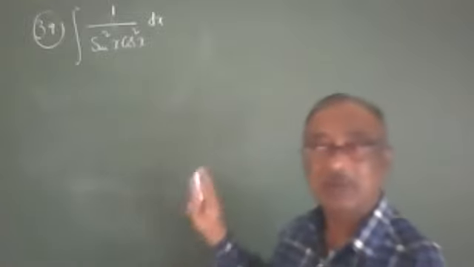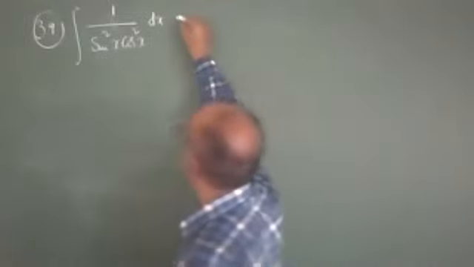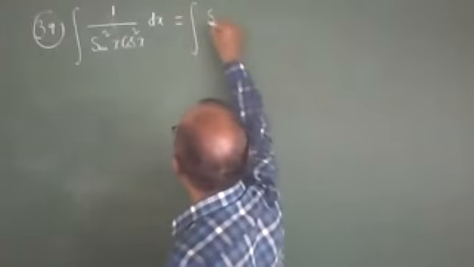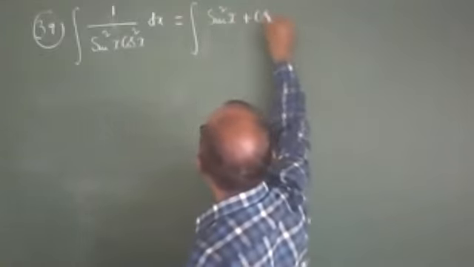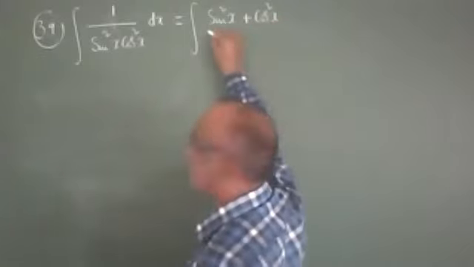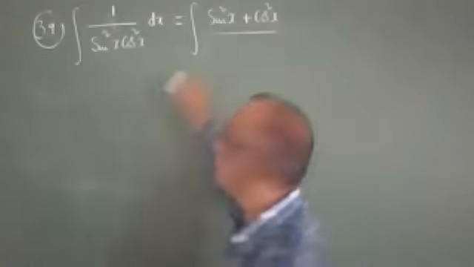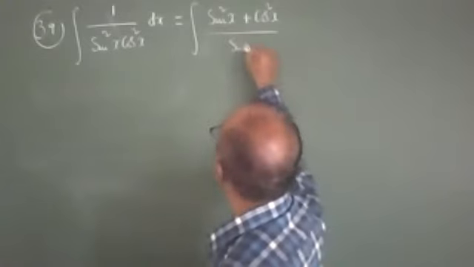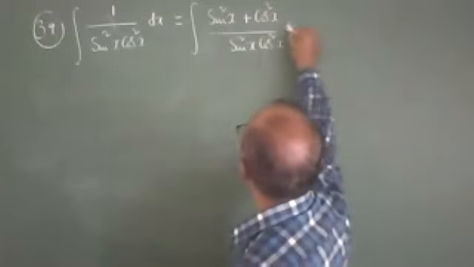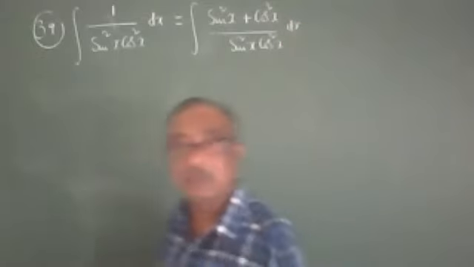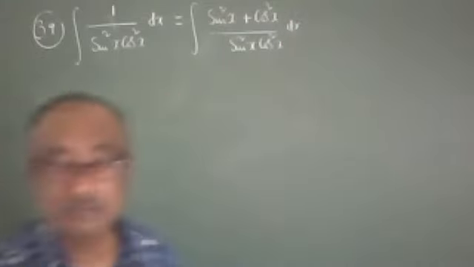So I am writing the trigonometric formula: sine square of x plus cos square of x by denominator sine square x into cos square x into dx. Separate into two parts, we get the answer.